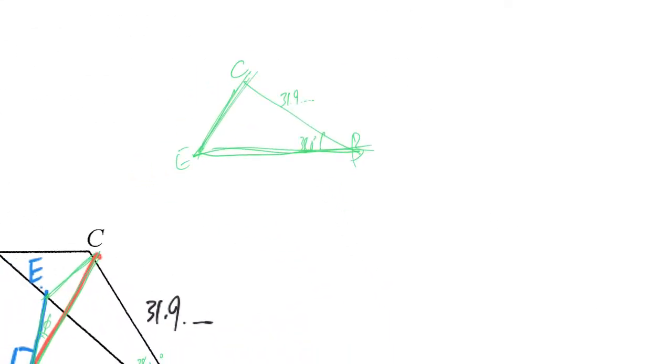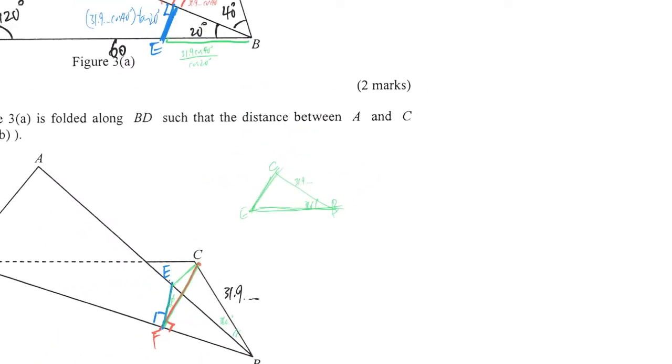So EB is 31.9 cosine 40 degrees divided by cosine 20 degrees. With this line together with this angle, we are going to use the cosine formula again.